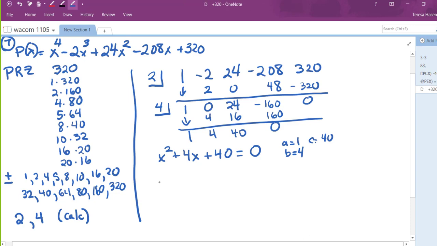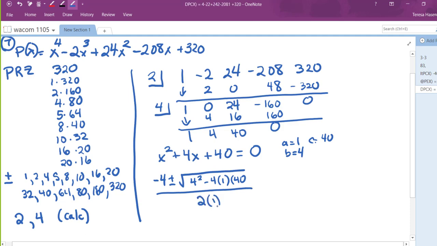So negative b, so -4 plus or minus square root of b squared minus 4 times a times c all over 2 times a. Right, this gives us -4 plus or minus 4 squared is 16.